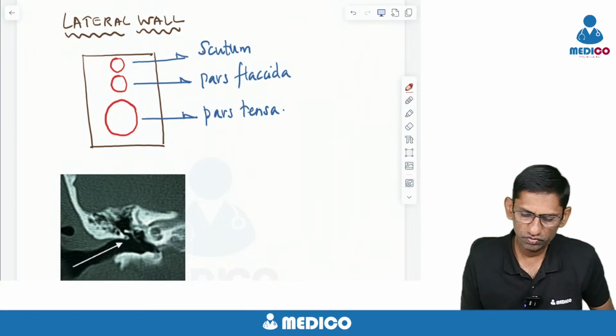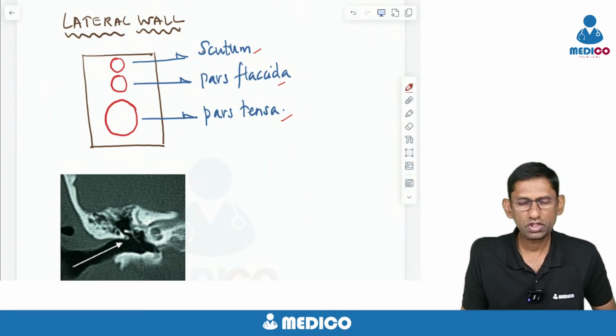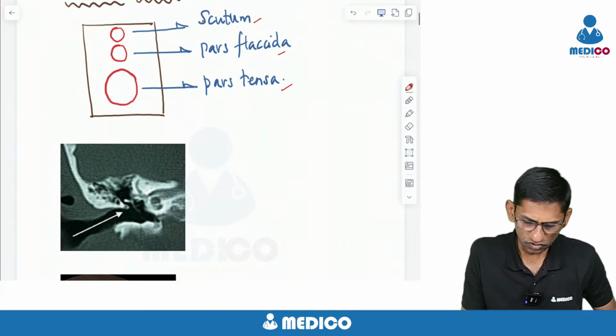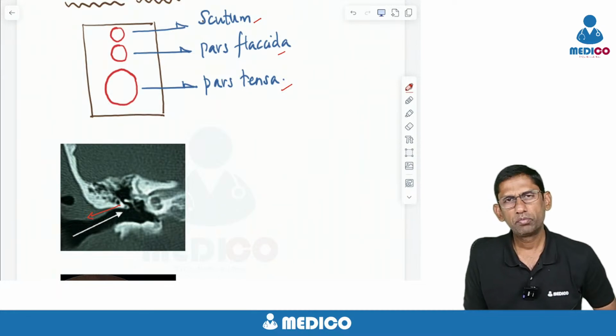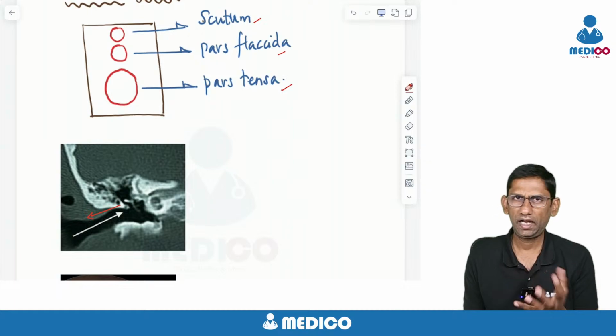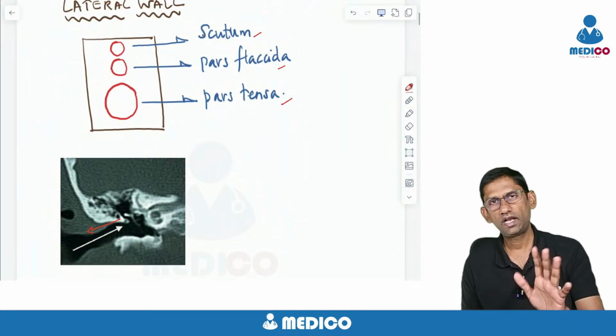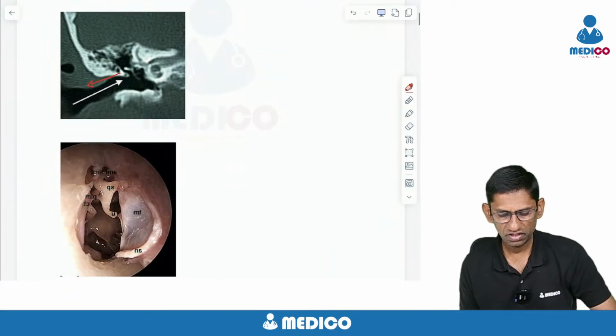So lateral wall, we know pars tensa, and above is pars flaccida, and still above it is the scutum. What is the scutum? This bone is the scutum. So it is the bony part that covers the attic, that covers the epitympanum. The lateral wall of the epitympanum is the scutum. So these are the structures in the lateral wall: pars tensa, pars flaccida, and the scutum.